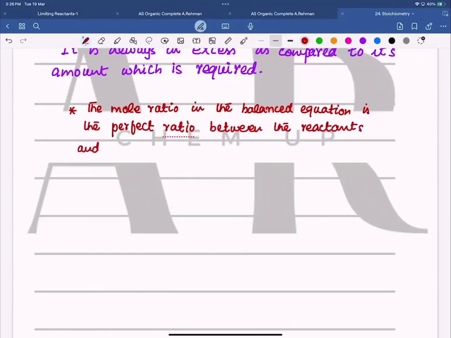And if this same ratio exists, then no one is limiting or in excess.